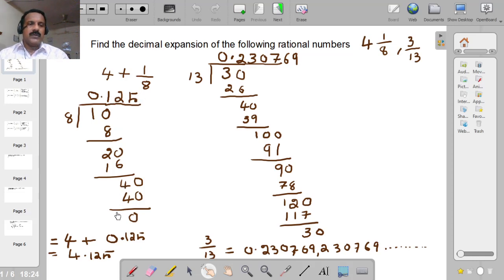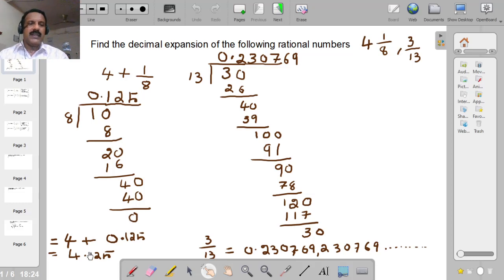Now 4 plus 0.125 is 4.125. This is the decimal expansion of 4 and 1/8. See, when we divided 1 by 8, finally we reached a state in which the remainder became 0.